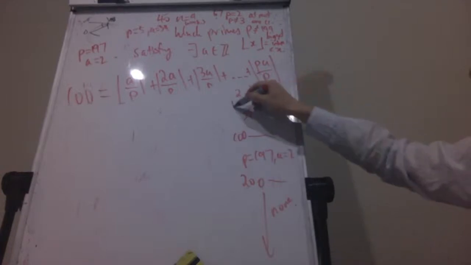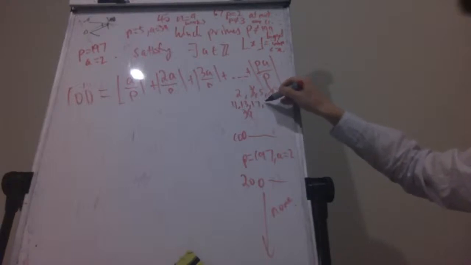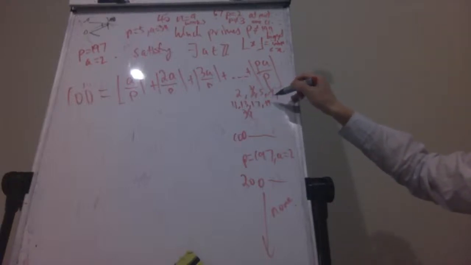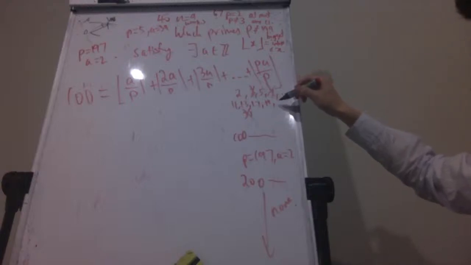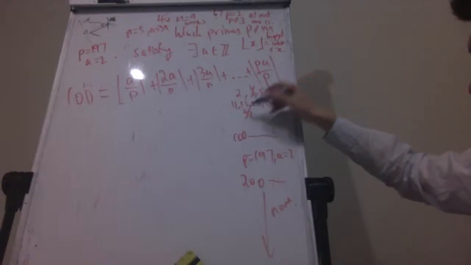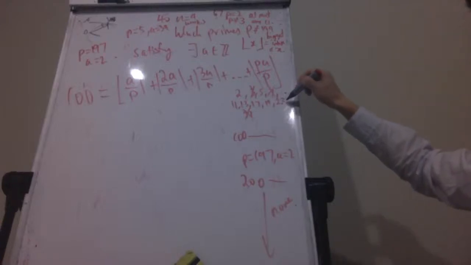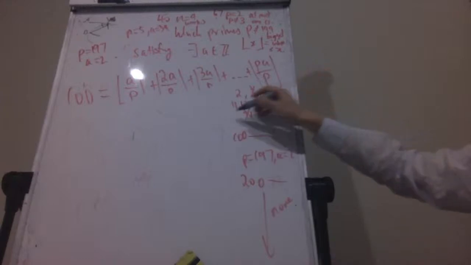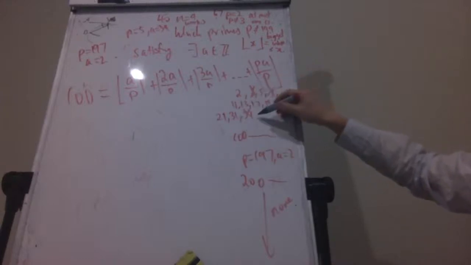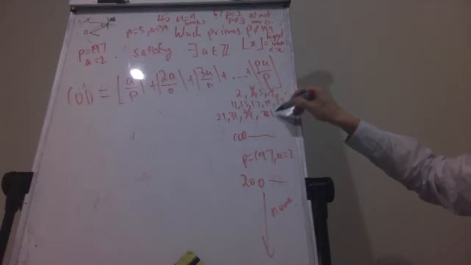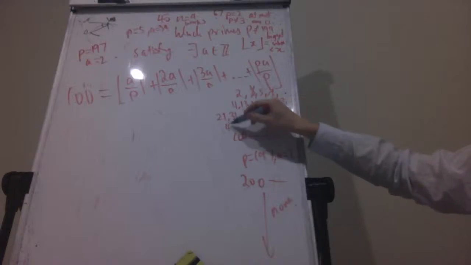We don't know the answer. So 11, 13, 17. Actually, I did check 19 already. 23, 29, 31, 37, 41, 43, 47.